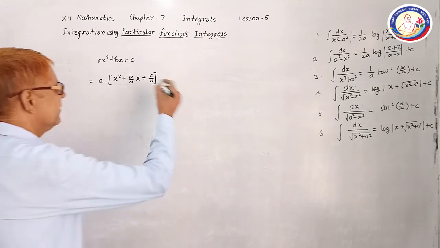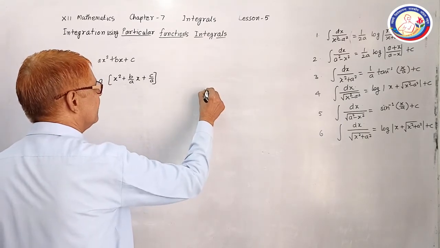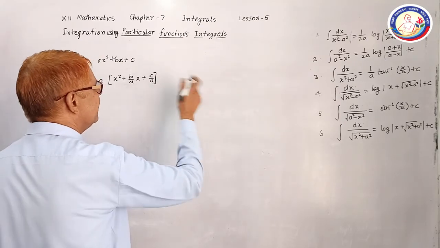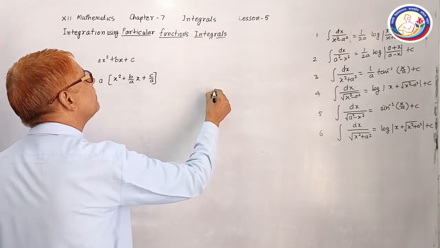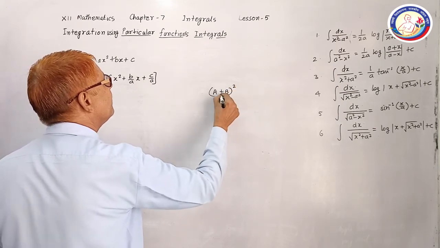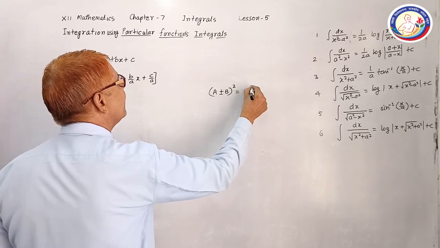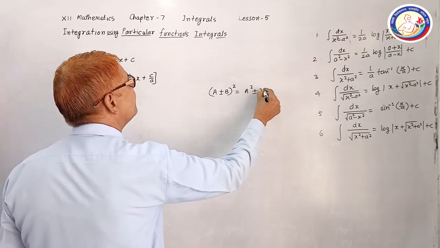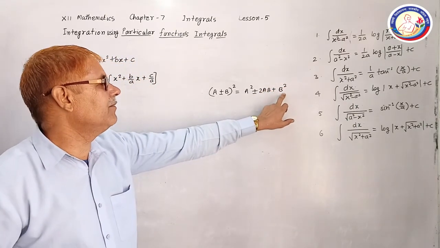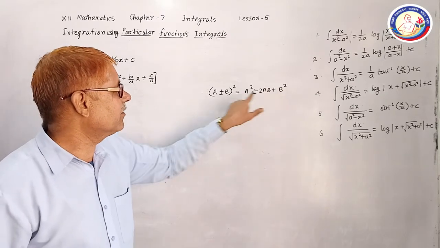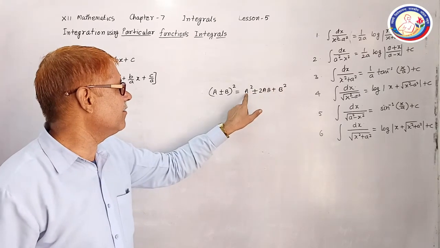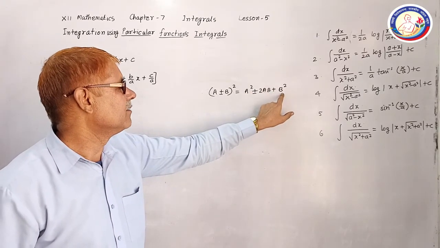Now we know that for perfect square we must have, I am writing formula in a and b, a plus b whole square, or a minus b whole square will be a square plus minus 2ab plus b square. The first and third term will be positive and perfect square, and product of these two, the square terms square root, a and b, this is square of a and this is square of b, b square.